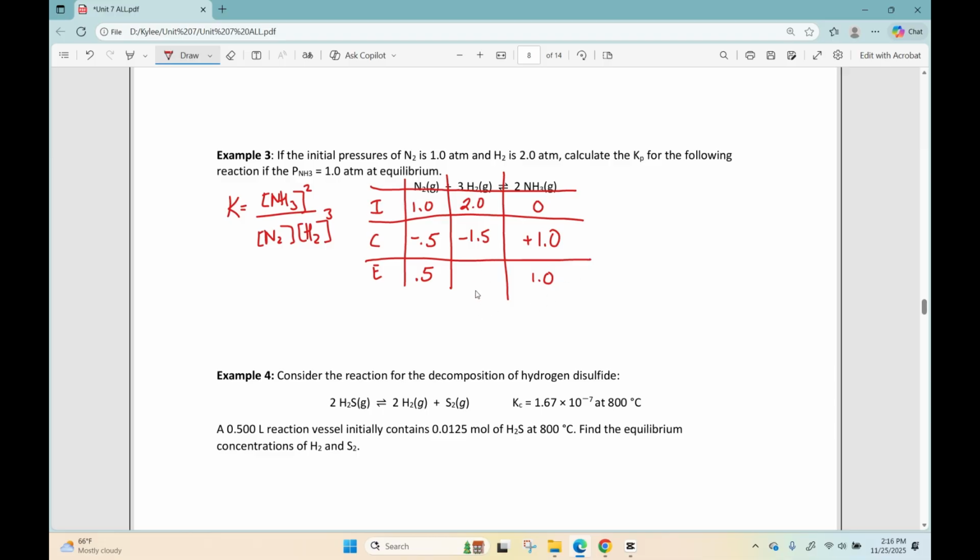So 2 minus 1.5 is 0.5. From here, I'm going to plug them into my K expression and then solve for K. So in the top, we get 1 squared. In the bottom, we get 0.5 cubed. And I type that into my calculator, and I get a K value for the equation as 16.